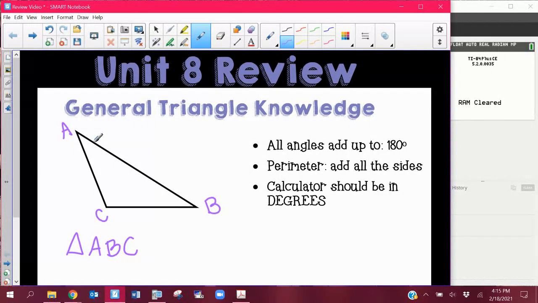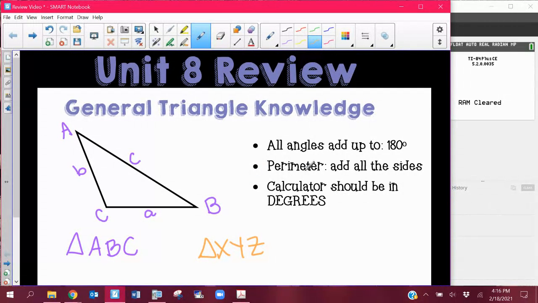And then the sides that are opposite those angles are going to be the lowercase letters that match. So we're going to have uppercase A is across from lowercase a. And again, side lengths are going to be denoted by lowercase letters. B will be across from b, and C will be across from c. And again, that's true if I had triangle ABC, triangle XYZ, or triangle whatever, there's going to be 3 separate letters, and you'll just label your triangle accordingly.